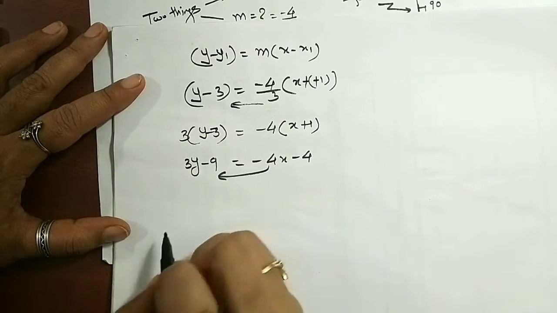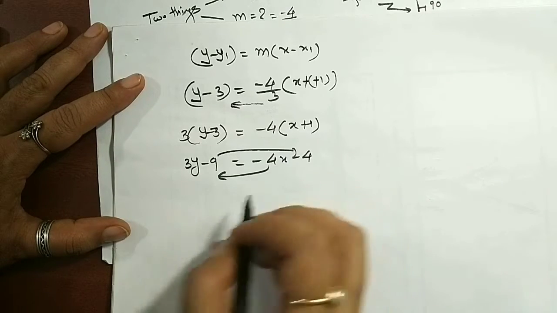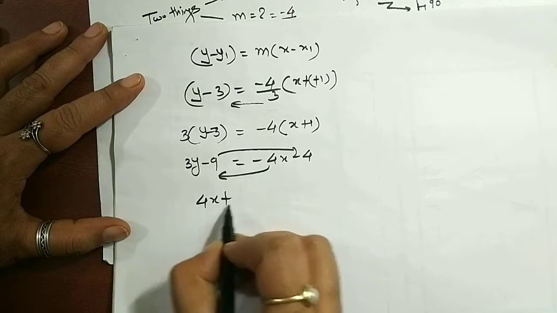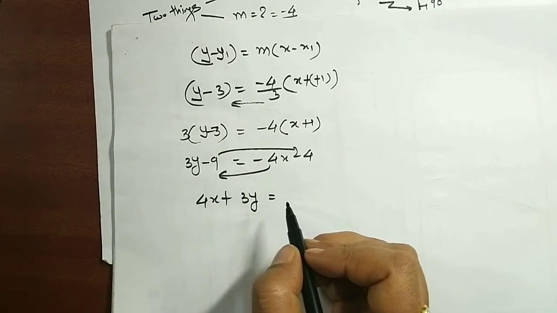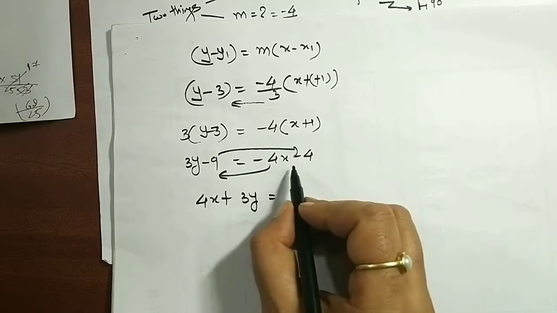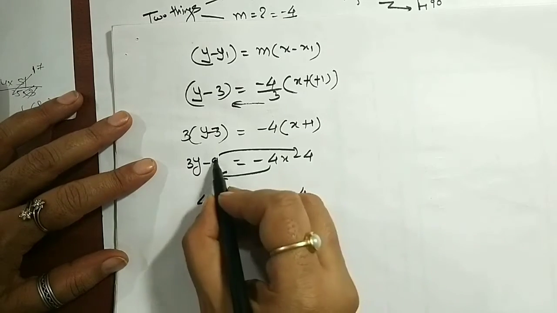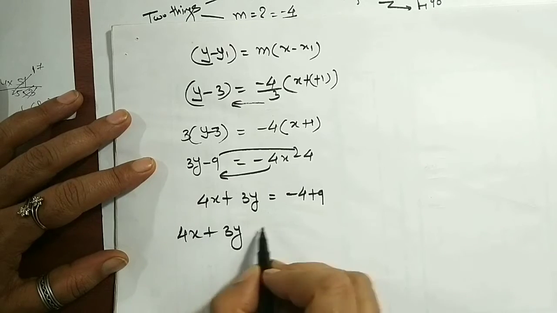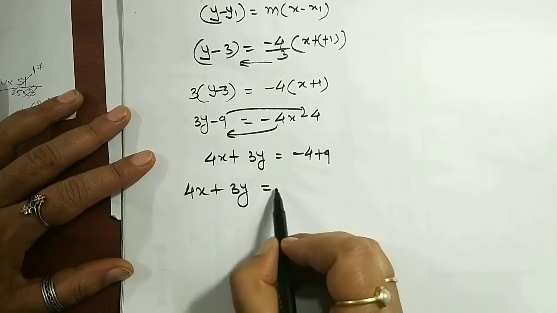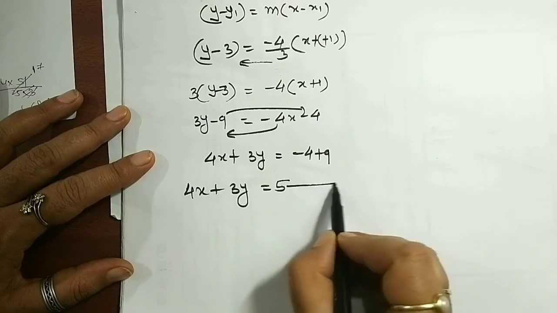So minus 4x will come here and 9 will go there. So it is 4x plus 3y is equal to, what is this? Minus 4 is already there, 9 is coming here, plus 9. So it will be 4x plus 3y is equal to 5. This is my equation 2.